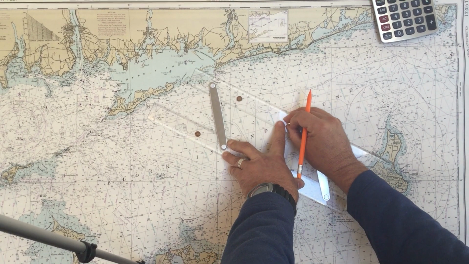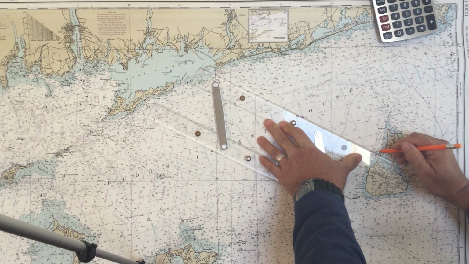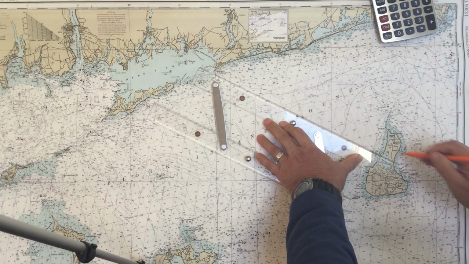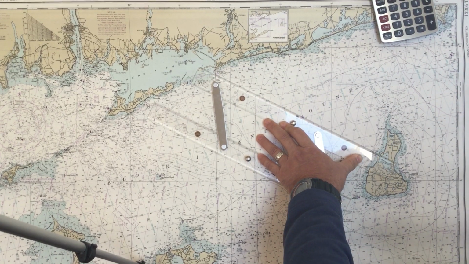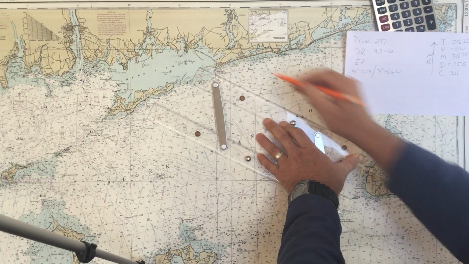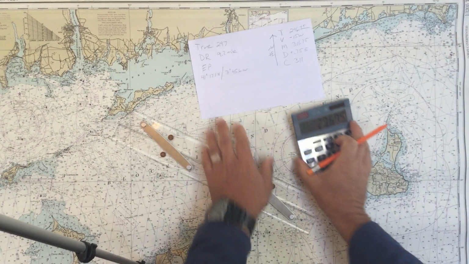Now I'm going to walk that over here to my starting point, which I'm using the R2 buoy. And I'm just going to draw a long line in the direction we're going. And we're going pretty far in this problem. I think it was 9.2 miles. So I'm going to draw a pretty long line.